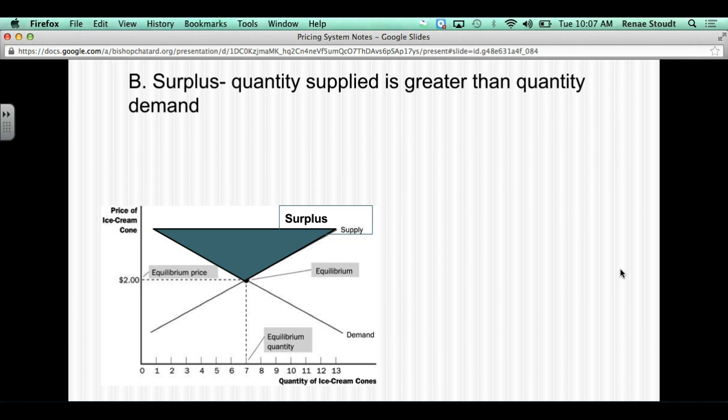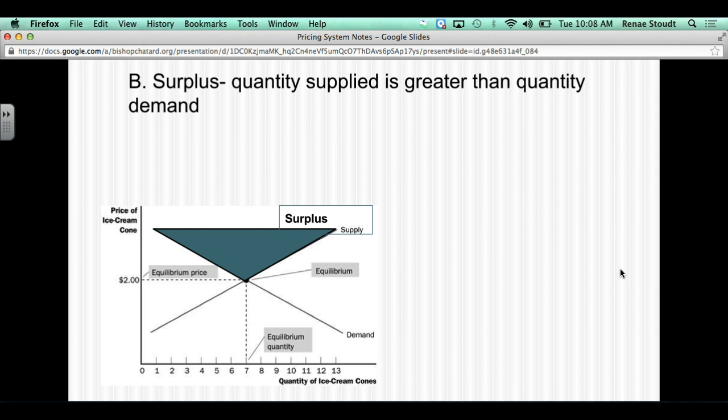Just like I did here with this ice cream graph, that kind of triangle region above equilibrium, I want you to label as a surplus. So go all the way in between the 2 lines. It's basically going to be a weird shaped triangle. And make sure you label it as a surplus.